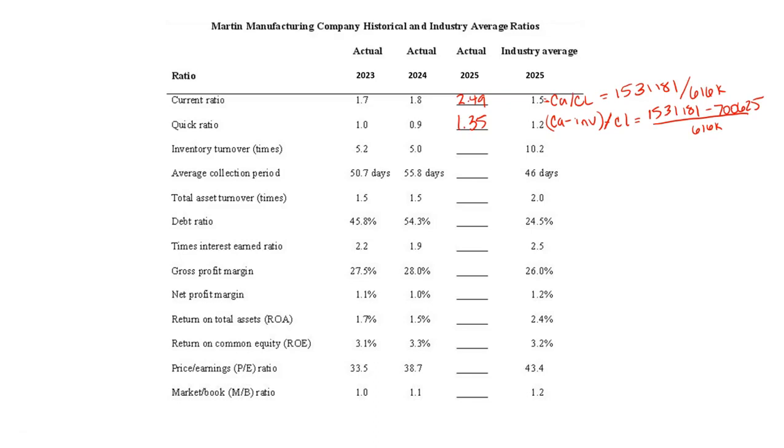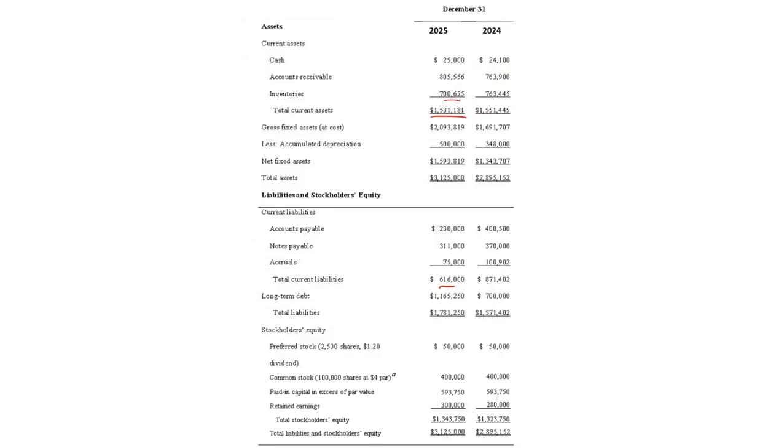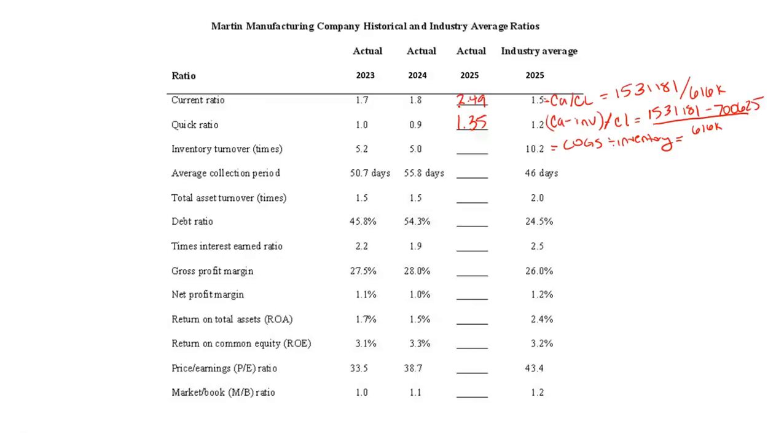So next it asks us to look at inventory turnover. Inventory turnover is equal to cost of goods sold divided by inventory. So we need to go back to our financial statements. Cost of goods sold is on the income statement, $3,704,000. And we divide that by inventory, which is on the balance sheet, $700,625 that we already looked at.